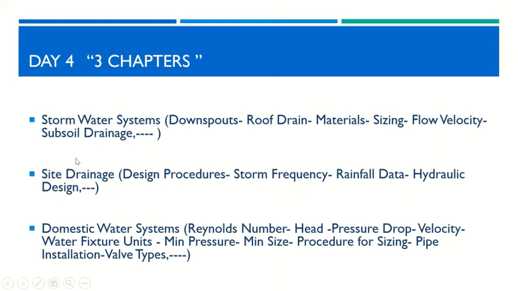Then we talk about site drainage system, design procedures, storm frequency, rainfall data, runoff, hydraulic design, etc. And domestic water system, talk about Reynolds number, Bernoulli's equation, Hazen-Williams equation, what difference between static head, velocity head, residual pressure, water fixture units, minimum pressure at fixture units, minimum size of the piping, procedure for sizing pipes, and the installation and types of valves.